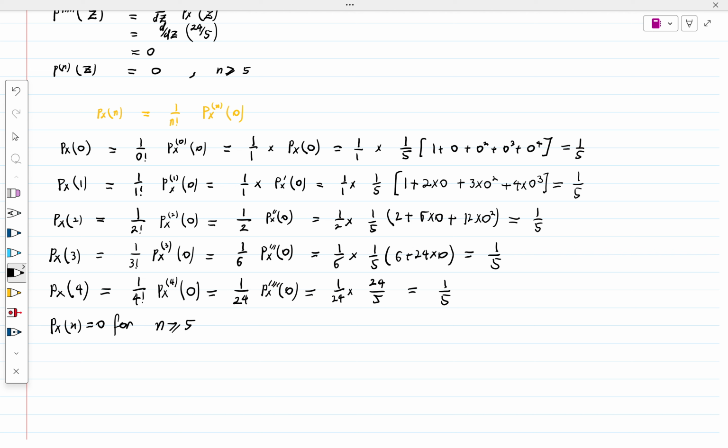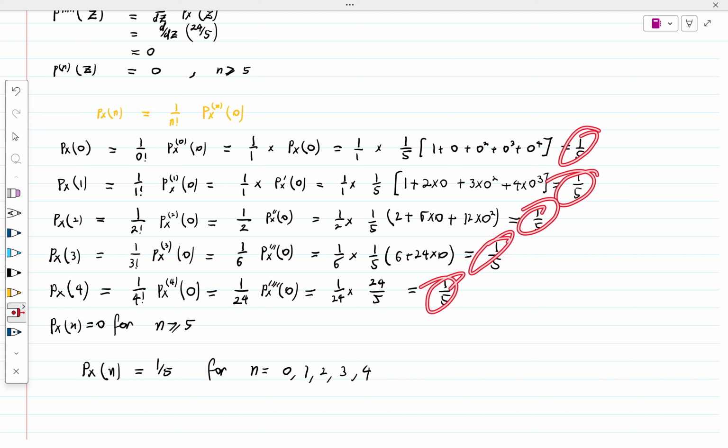In summary, P_X(n) is equal to 1/5 for n equals 0, 1, 2, 3, and 4. You'll notice that all the probabilities are 1/5. And hey, if you add up 1/5 plus 1/5 plus 1/5 plus 1/5 all the way to the end, you get 1. So it is, in fact, a probability mass function by definition.